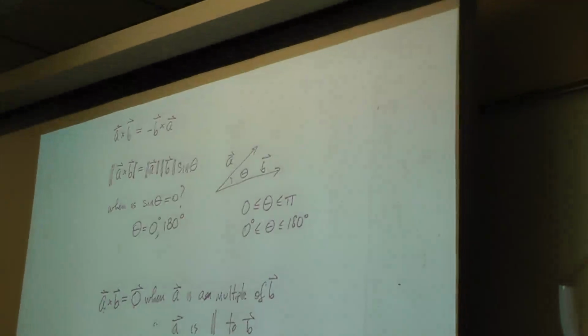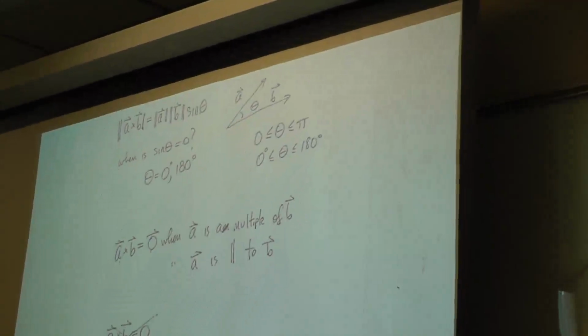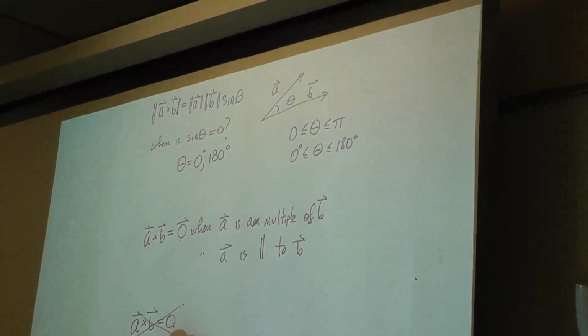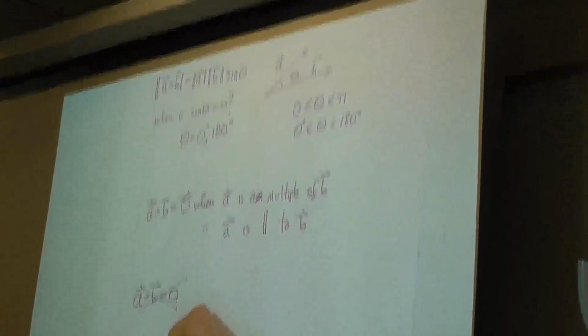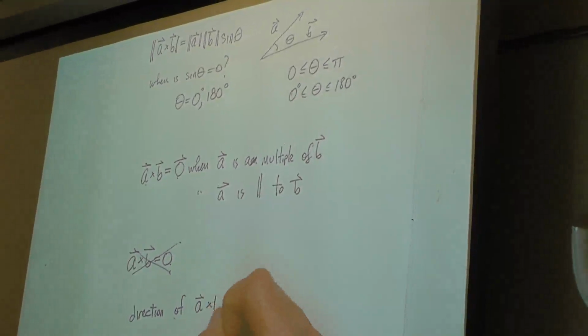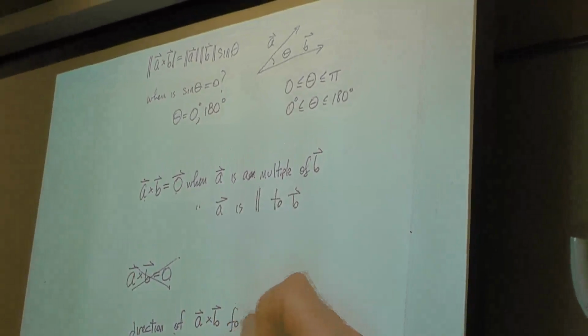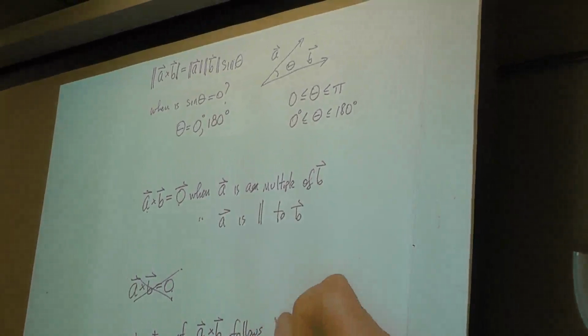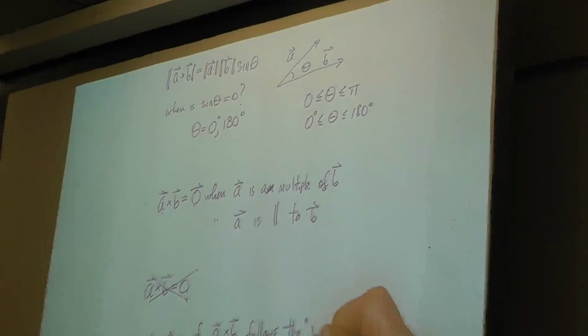You guys see? So the question becomes, which vector do we get? So the direction of A cross B follows the right-hand rule.